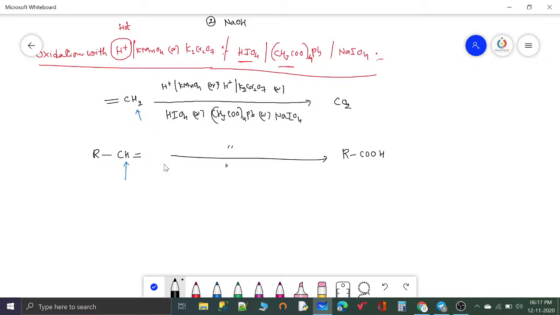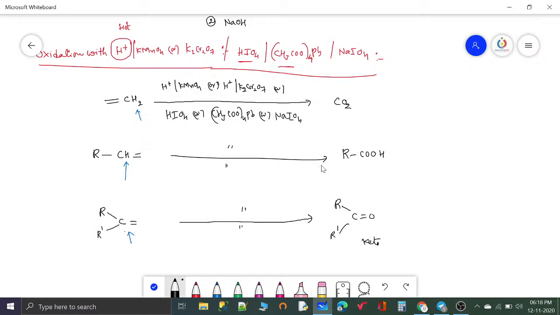One more thing: what happens if the double bonded carbon does not have any hydrogens? In such cases, this reagent simply oxidizes this double bonded carbon atom to a keto group. The question arises: if it is able to convert it to the keto group, then why not to the aldehyde group?